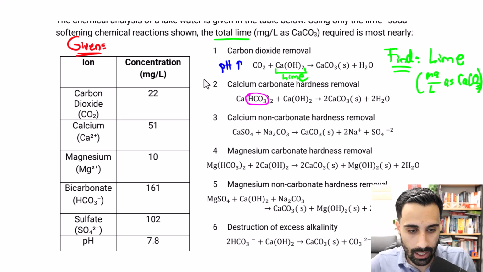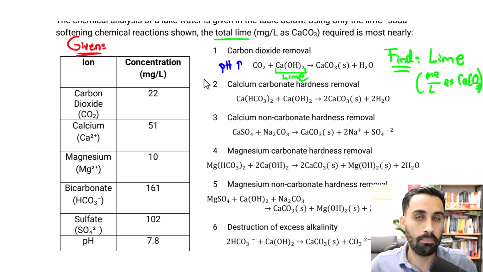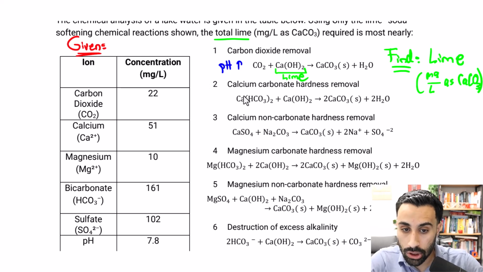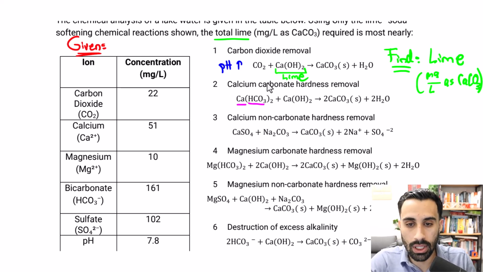This is the bicarbonate, or the buffering capacity of that lake or river. That is associated together. That's why it's called carbonate hardness. Calcium and bicarbonate together is called calcium carbonate hardness. And we want to remove this by doing what? Again, we add lime. The calcium hydroxide is the lime.